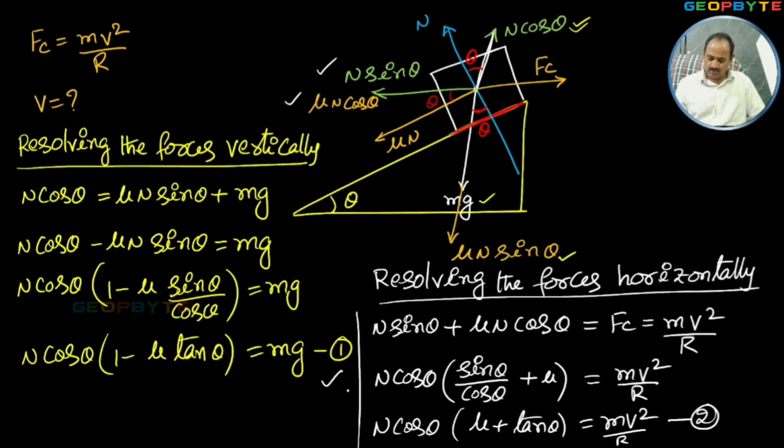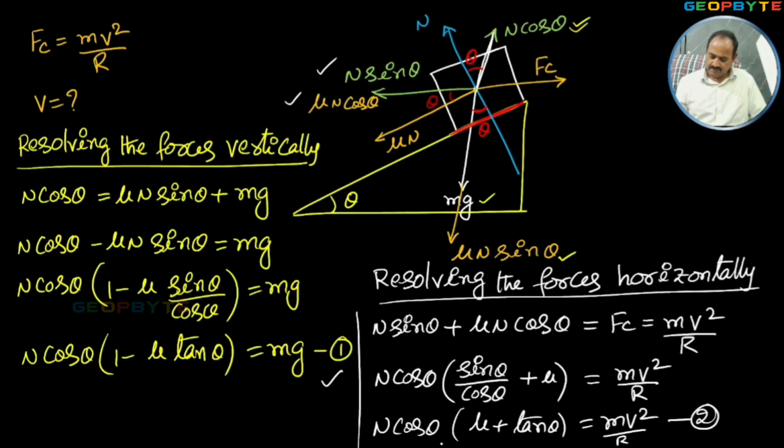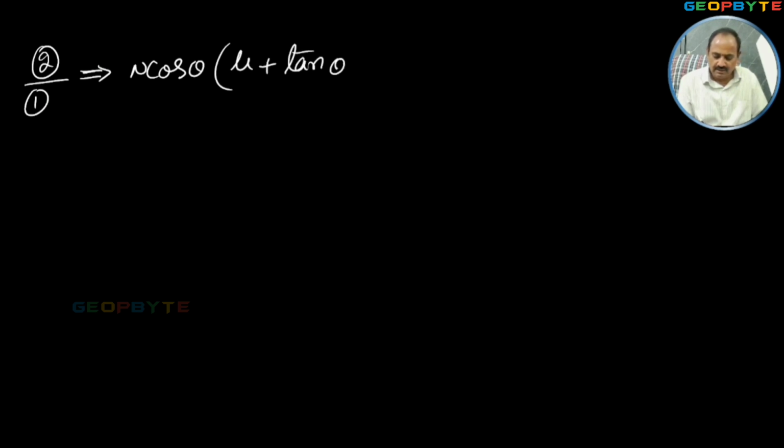We got the two relations. I am using the two relations for deciding the velocity. I am writing 2 by 1. Relation 2 is N cos theta into (mu plus tan theta) equal to mv square by r.